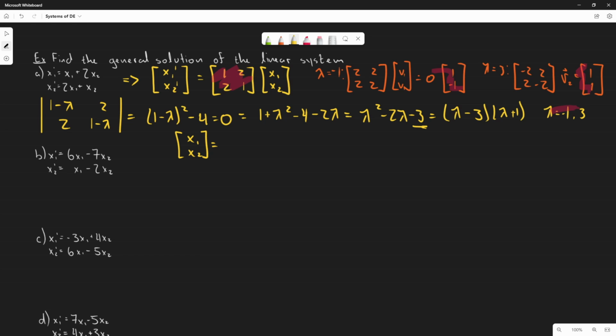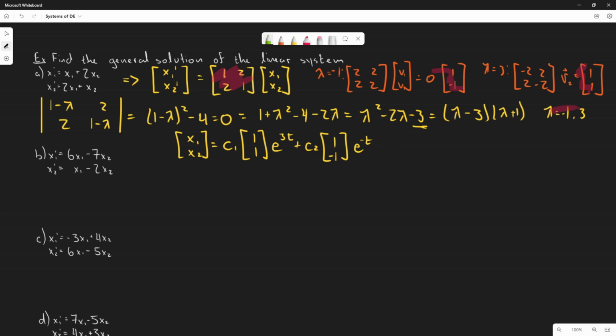One of the ways is a constant, c1, times one of the eigenvectors, 1, 1, multiplied by e raised to the corresponding eigenvalue, which in this case is 3t, this is all in terms of t, so this will be x1 of t, plus the second constant times the other vector, 1, negative 1, multiplied by e to the negative t.